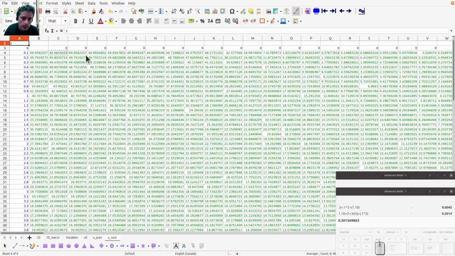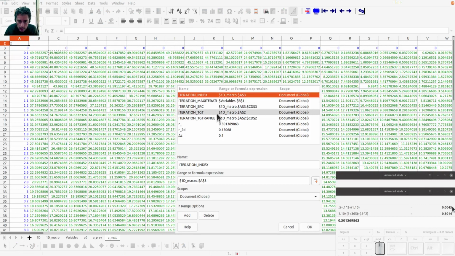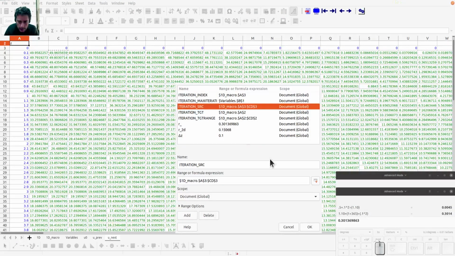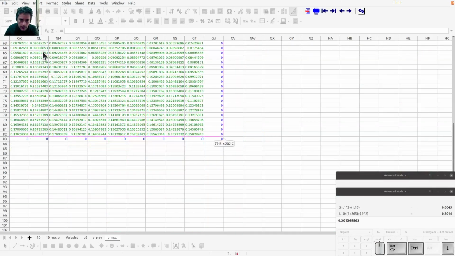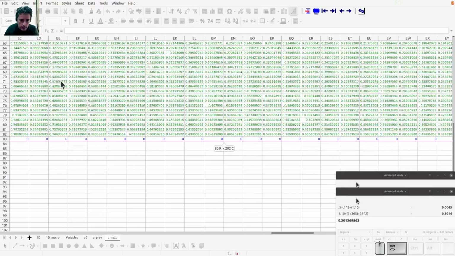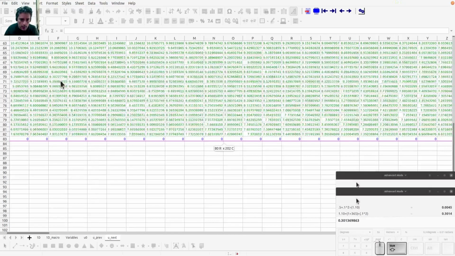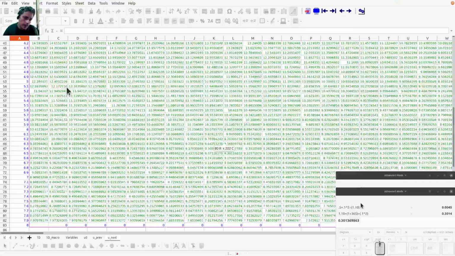So now to run my little macro, what I have to do is redefine my variable called iteration source. And now iteration source will be this entire copied range, including the boundary condition. Okay. Because I will need to refer to that boundary with that formula.